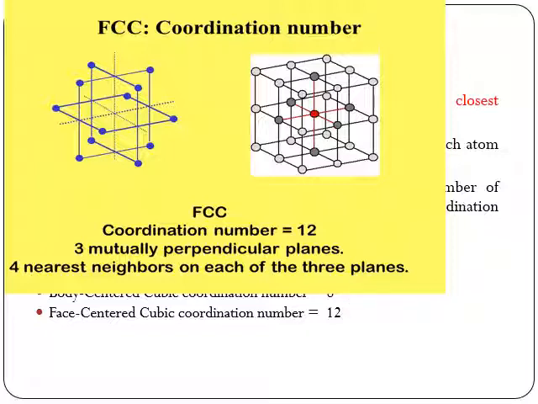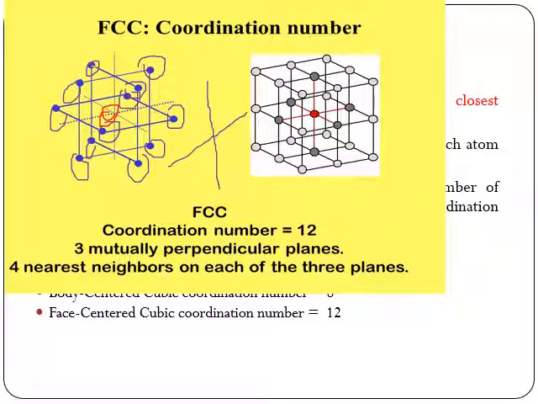Now if you take any one atom at the center, this atom is surrounded by 1, 2, 3, 4 here at the top, 1, 2, 3, 4 at the bottom, and 1, 2, 3, 4 at the middle.